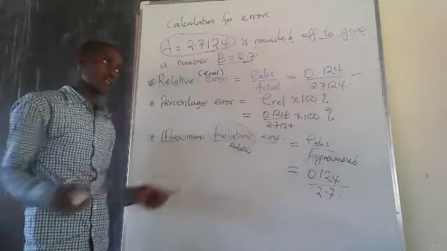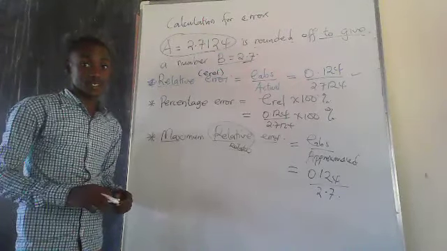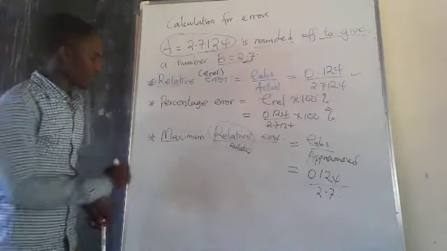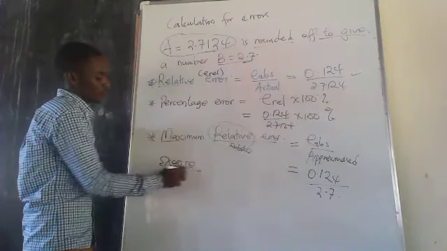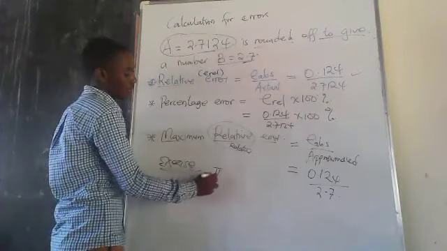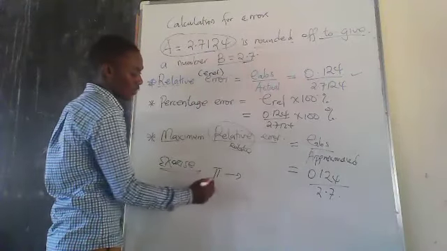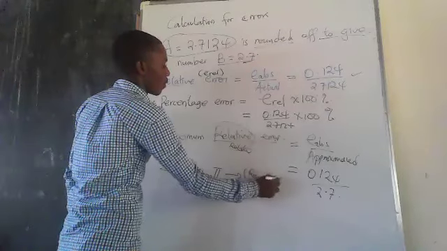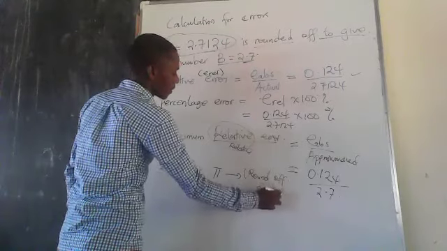That's the introduction for errors. Those are some of the terminologies that we use in errors. We can have different numbers. So they can give you an exercise and they say for the following, for example, pi, you write the whole of it and then you round off to two decimal places.